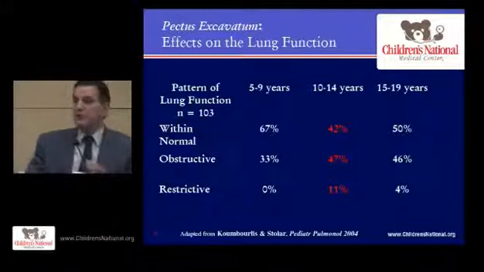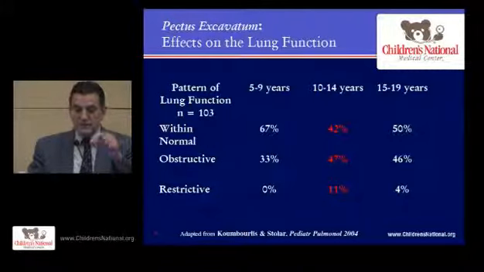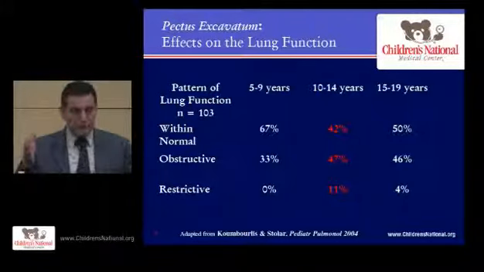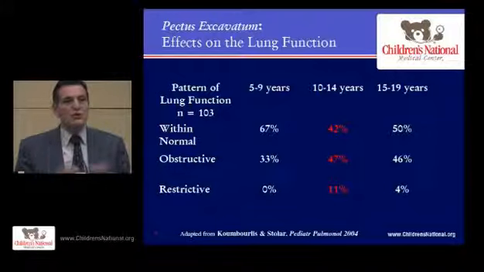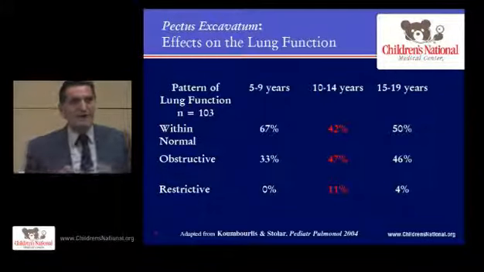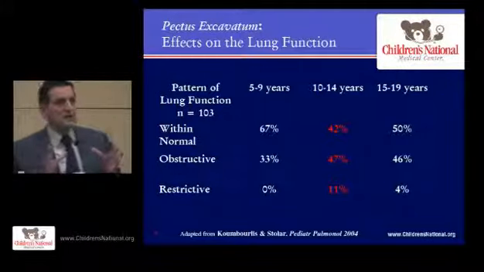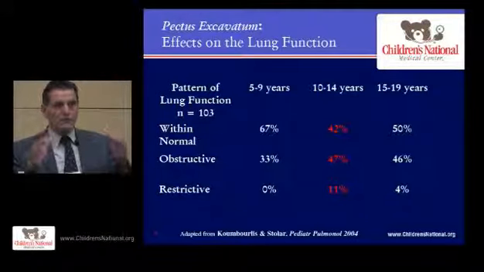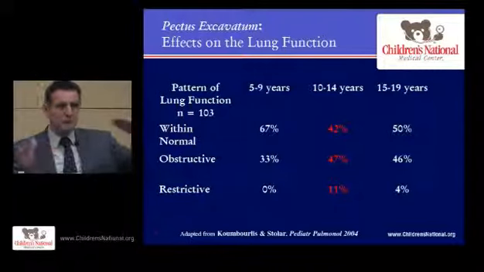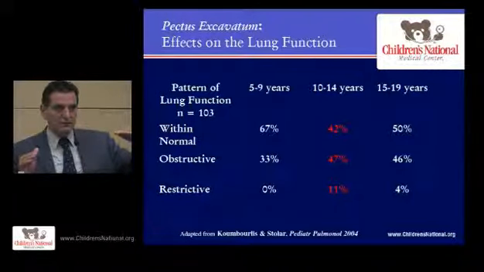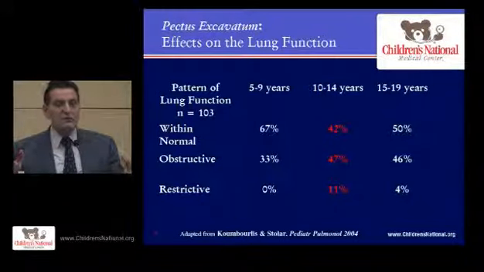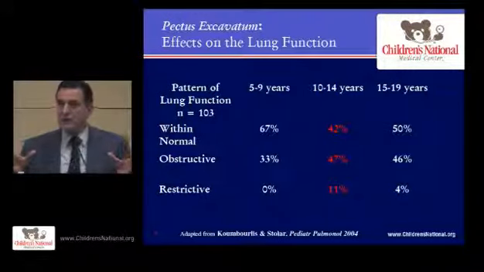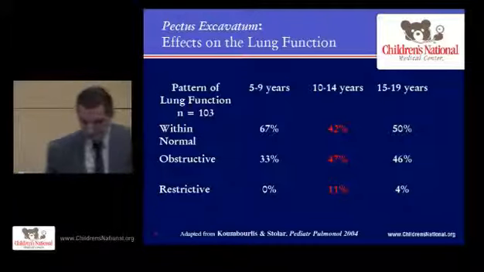And we found only a point-something percent that had a true restrictive defect. So in terms of lung growth, in the vast majority of cases, it's not a major problem. What is true is that they tend to be at the lower levels of the normal, but still within the normal, and if it were a lung problem, they should be able to do anything and everything without any problem.